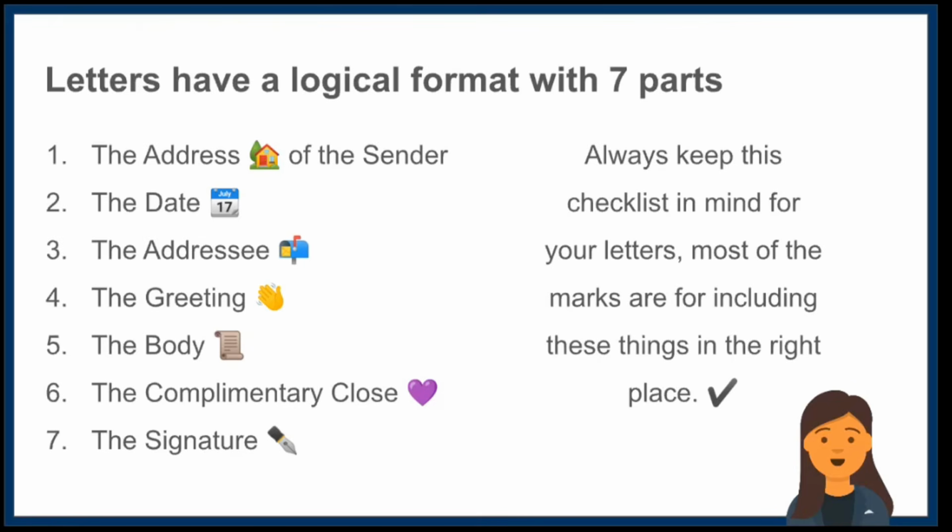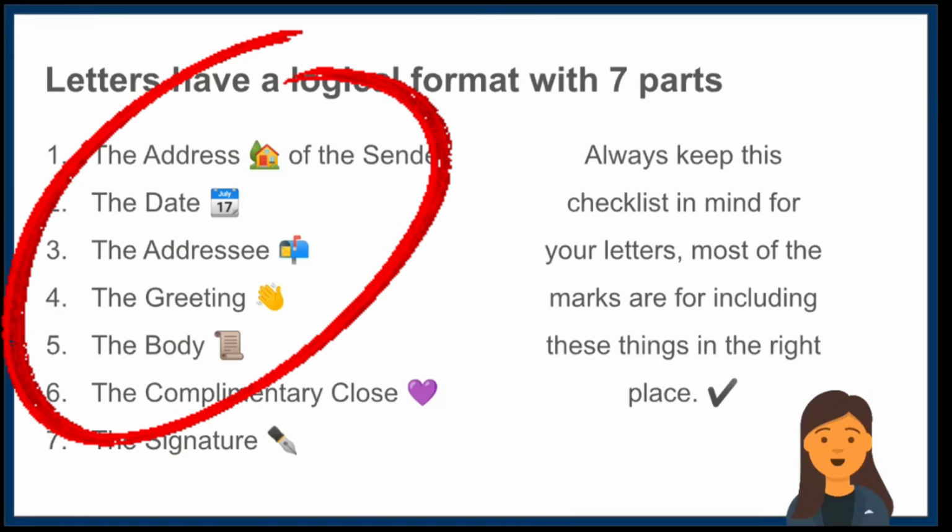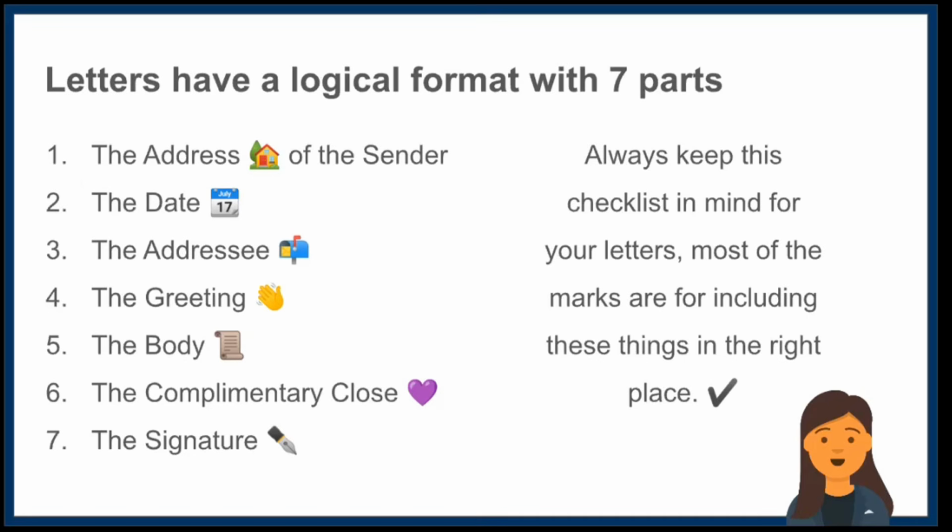Alright, now these things can appear on slightly different parts of the letter depending on who's sending it and what type of letter it is, but I'm going to show you the 2 kinds that are most important here, so you don't really need to worry about that too much. But remember, it's the date, the address, the addressee. The addressee is the person that the letter is being sent to, and the address is of the person who's sending this letter, right?